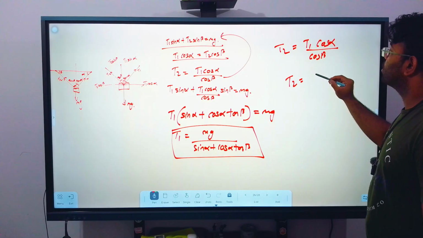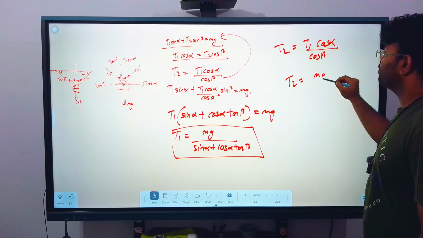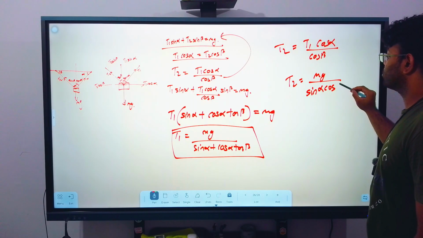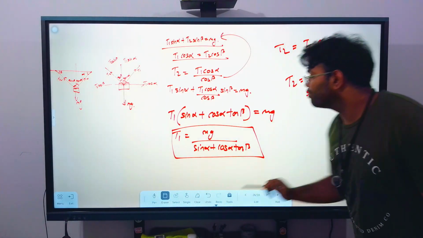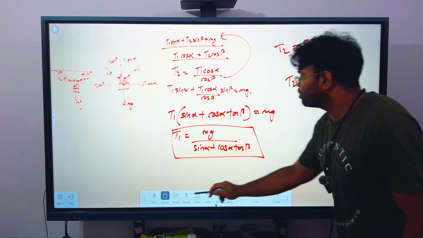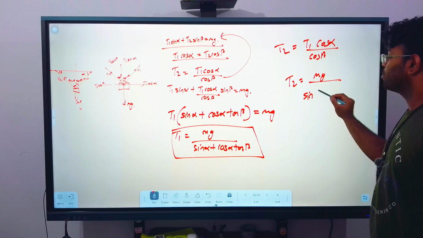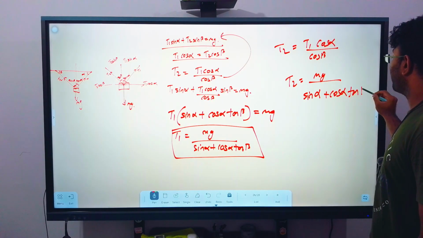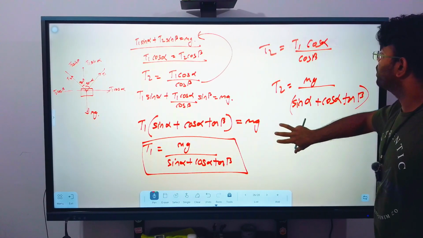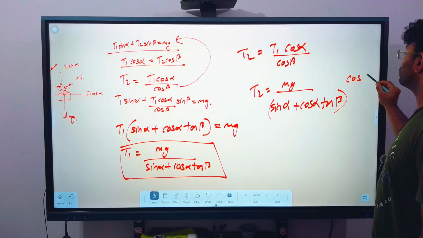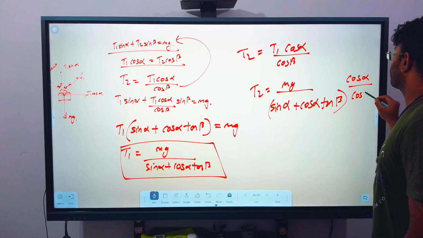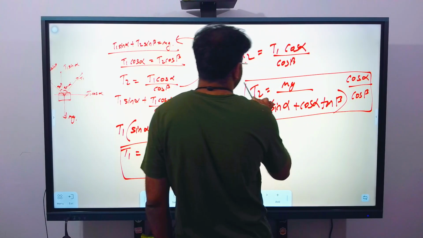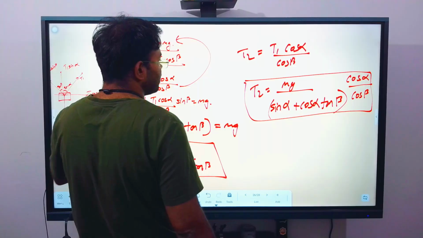So T2 is equal to mg upon sine alpha plus cos alpha tan beta, multiplied by cos alpha upon cos beta. If you open this up, you will get the answer for T2 also. I think these are the two answers.